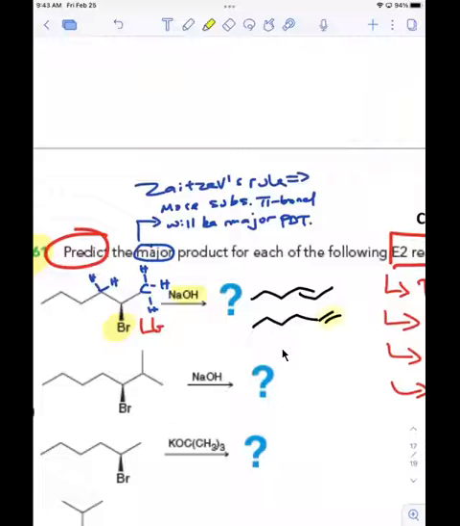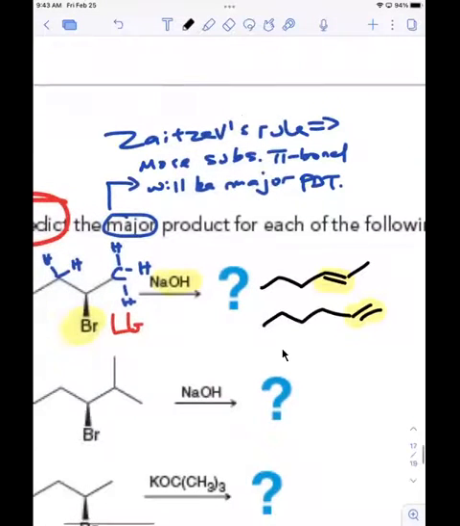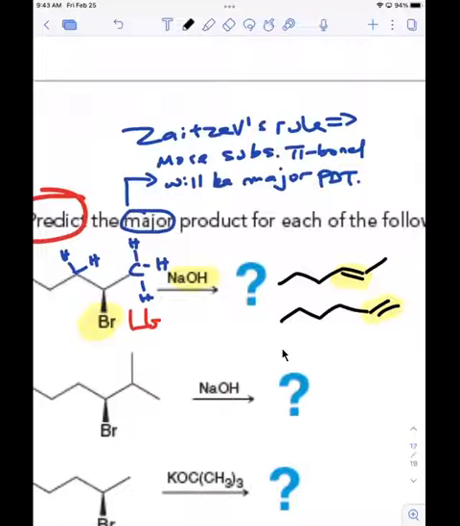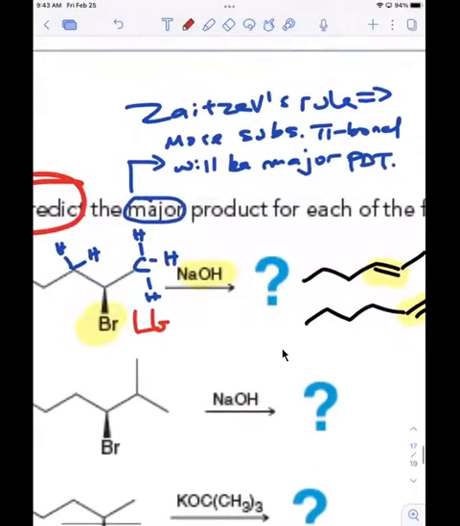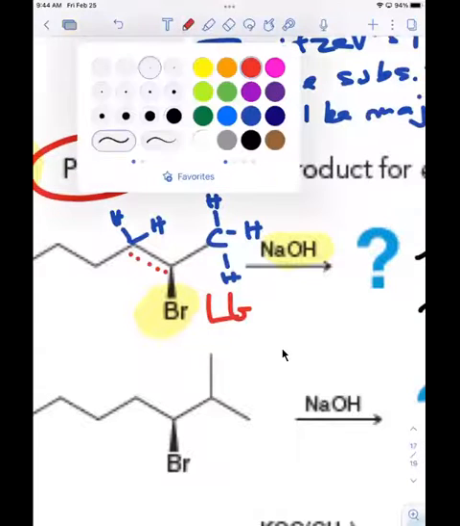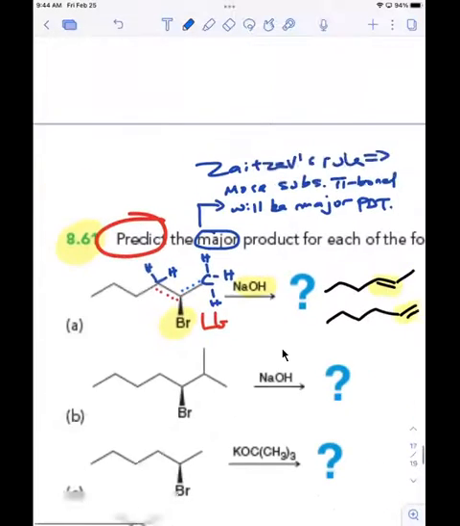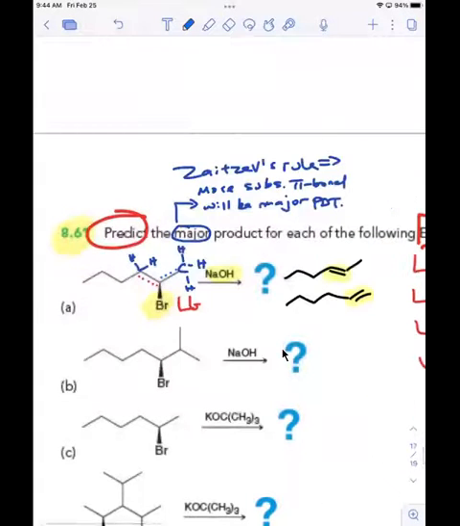Notice where the double bonds are, here and here. Are y'all following that? So one of those double bonds is going to come from that elimination, and the other one is going to come from that elimination on that side. Right, so those will be my two products.